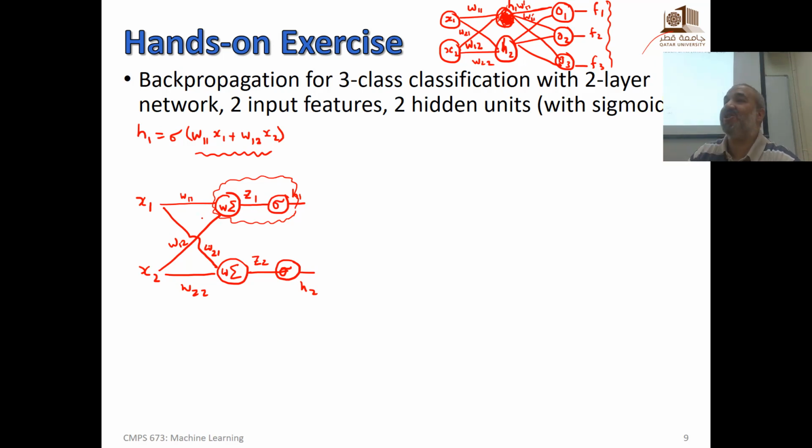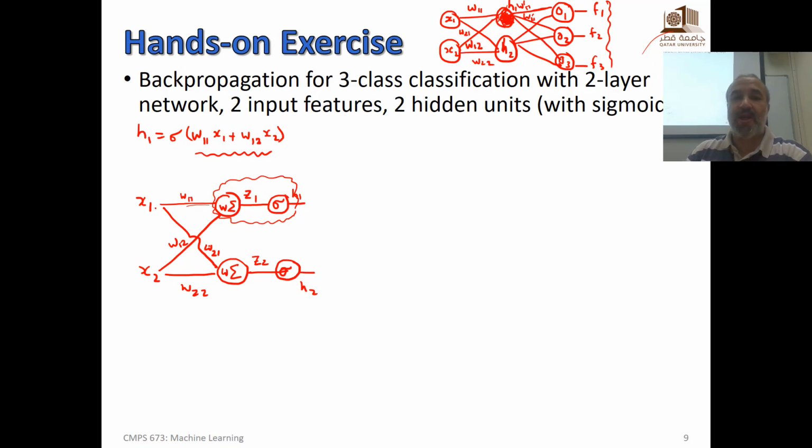In general, for any gate, when we compute the local derivatives, we compute the local derivatives of the output of that gate with respect to every input of that gate. So for this gate, how many inputs do we have? Not 2. 2 because we draw it that way, but actually it's 4: W11, W12, X1, and X2.